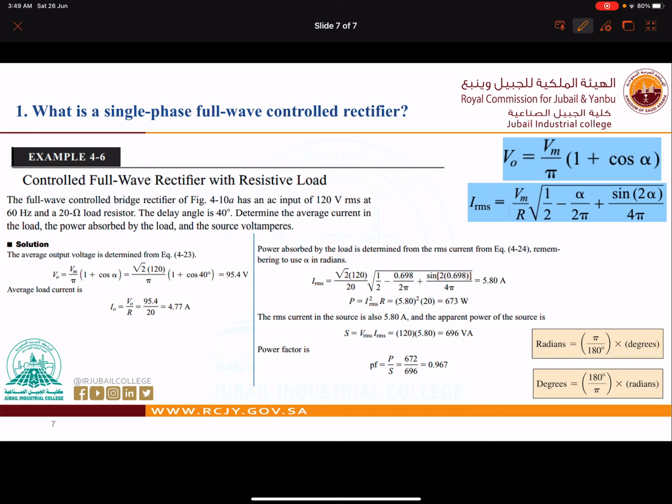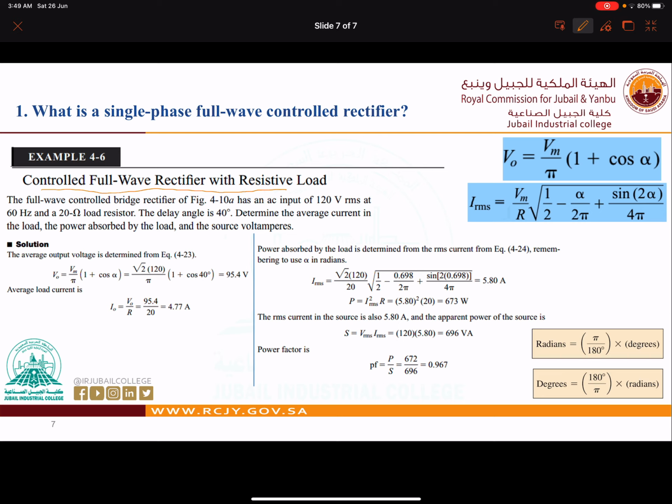This is example 4-6 in your textbook in chapter number 4. This is for the controlled full wave rectifier with resistive load. Now again here, the question must say whether it is for the controlled or uncontrolled.